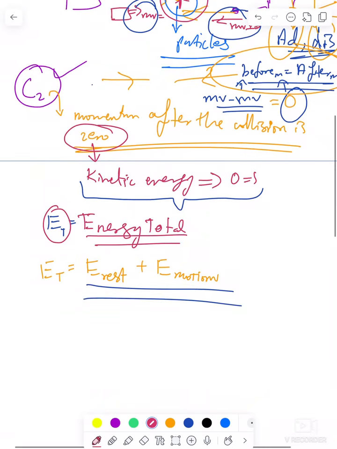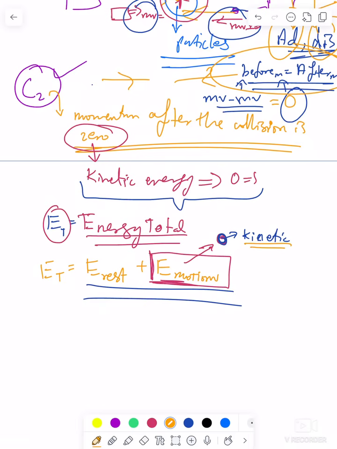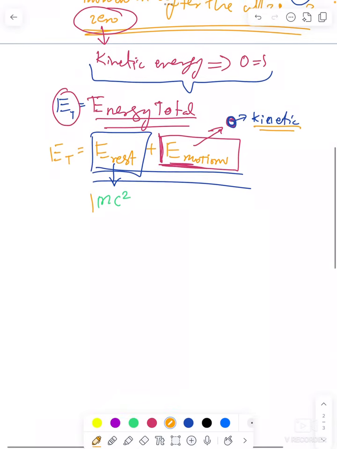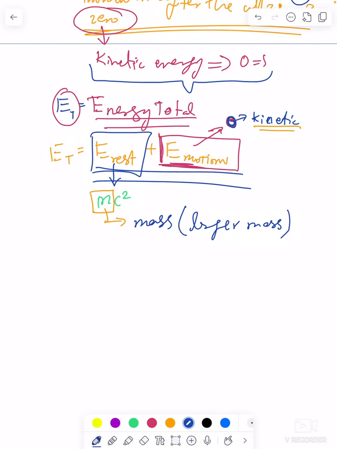Since the kinetic energy is 0, there's no energy of motion. The advantage is that all that energy is focused on rest energy, mc squared, meaning the particle created after the collision will be of larger mass. That's an advantage.